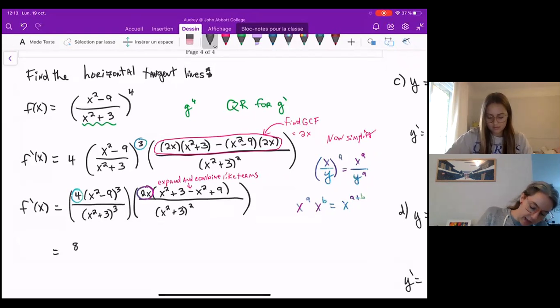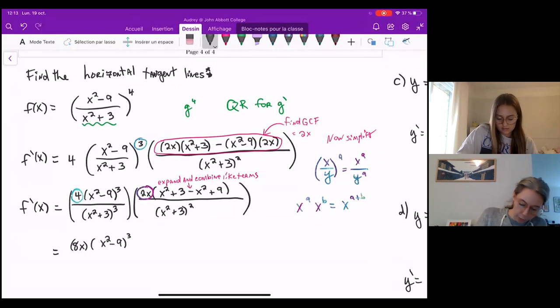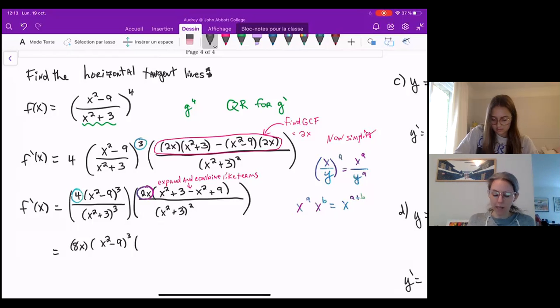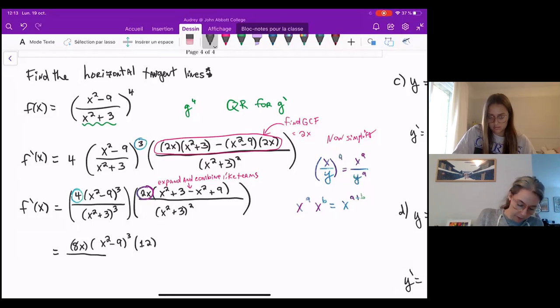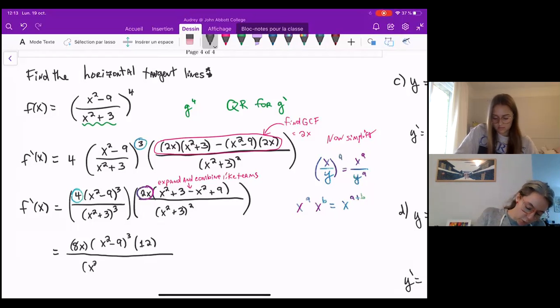And I get that this is 8x times (x squared minus 9) cubed times, inside my parentheses, x squared minus x squared, those cancel out, and I have a 12 here. And then I'll have (x squared plus 3) cubed squared, so that gives me a power of 5 on the bottom.